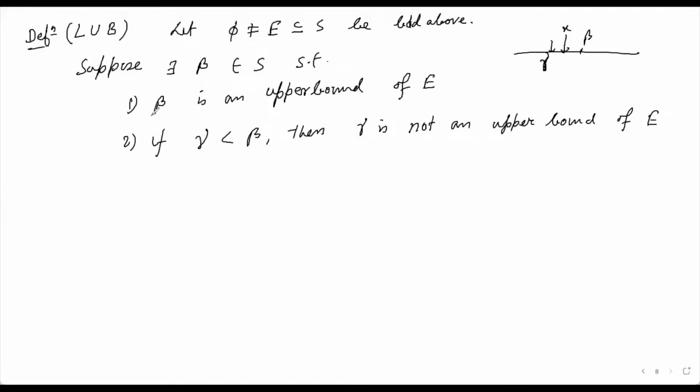The first condition says that beta is an upper bound of E, and the second condition says that beta is the least upper bound. That is, if you have an element gamma which is less than beta, then gamma cannot be an upper bound of E. So we must have some element in E which is greater than gamma.